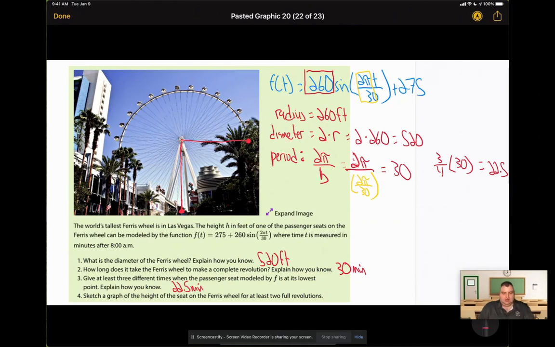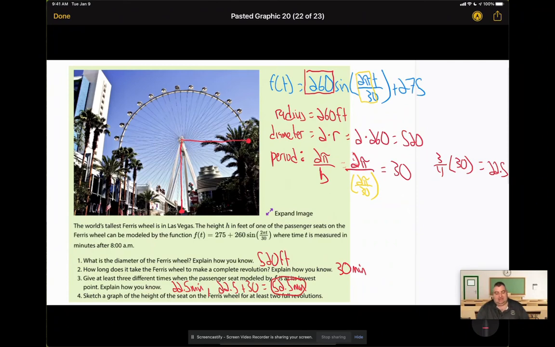So what they want to know is, let's say I go around the Ferris wheel multiple times. How long would it take me to get back to the lowest point? Well, I know a whole cycle takes 30 minutes. So the next time I'm going to be at the low point is going to be at 22.5 plus 30 minutes later. So that's going to be 52.5 minutes.